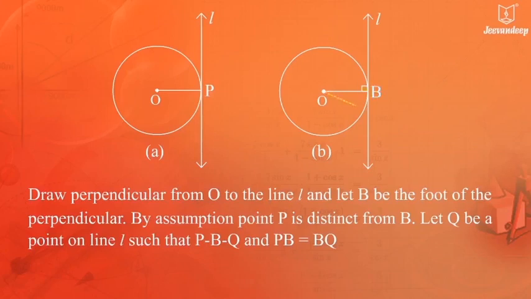By assumption, point P is distinct from B. Let Q be a point on line L such that PBQ is a single straight line and PB equals BQ.